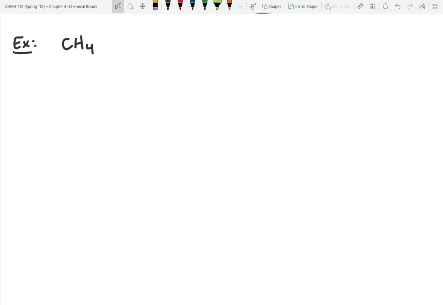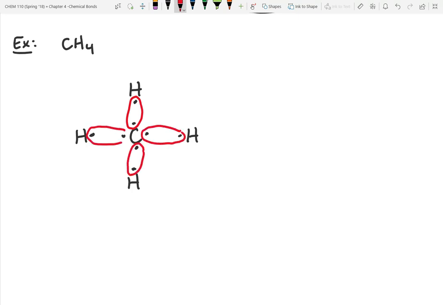So when I plan my Lewis structures, I know I've got carbon smack dab in the center. The hydrogens, I'm just going to evenly space around that carbon like this. We know hydrogens have one valence electron, so I'll put one dot next to each of them. How many for carbon? 4. So I'll go 1, 2, 3, 4. All right. Same thing. We want to pair these up. So now carbon's got 2, 4, 6, 8 electrons, and all those electrons are paired.